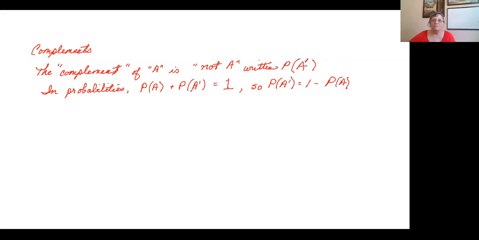So you can solve for the probability of not A as being 1 minus the probability of A. So it might be 40% and 60%, 25% and 75%. It'll always add up to 1.